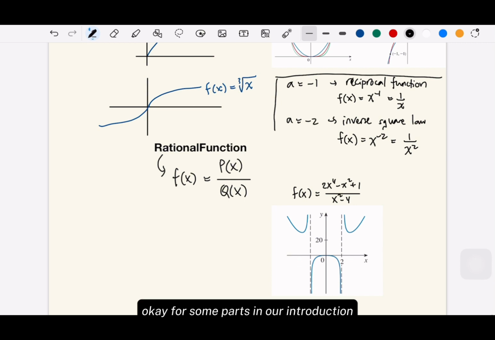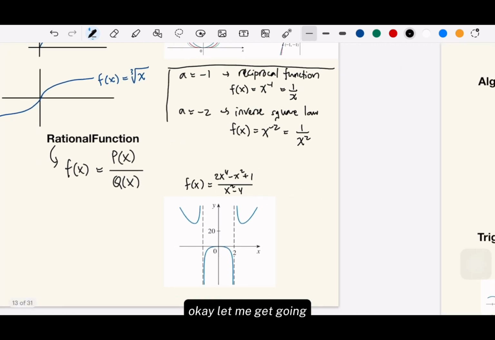Okay, for some parts in our introduction, I will go a little bit faster, and then concentrate on the next part. Okay. Let me get going.